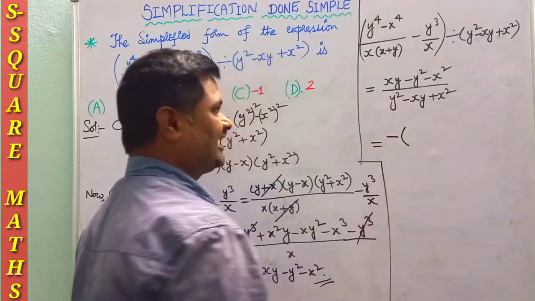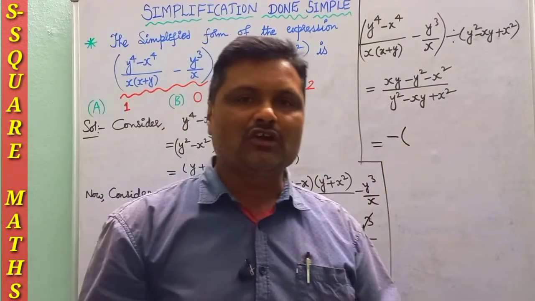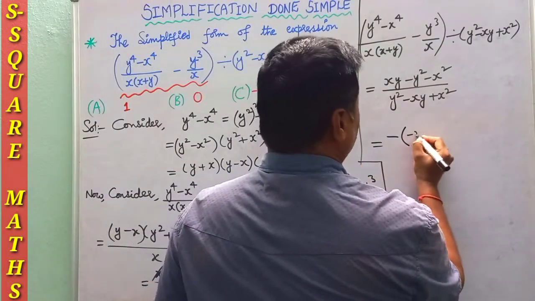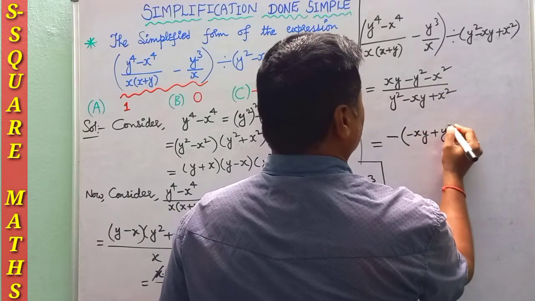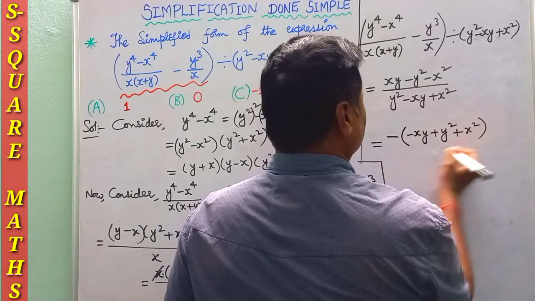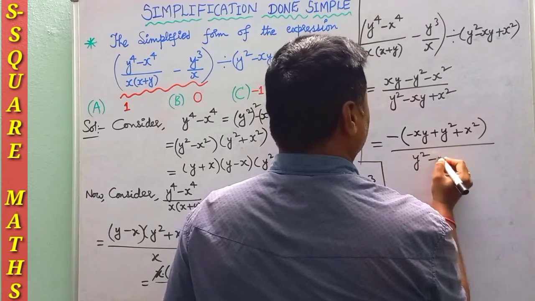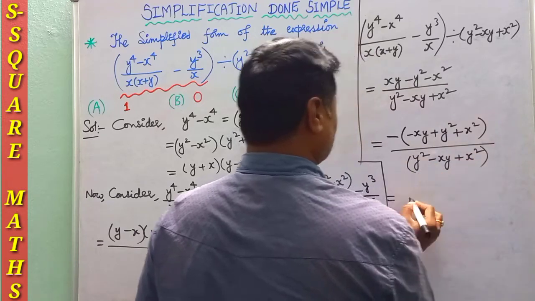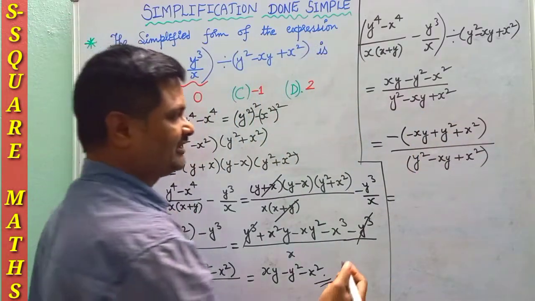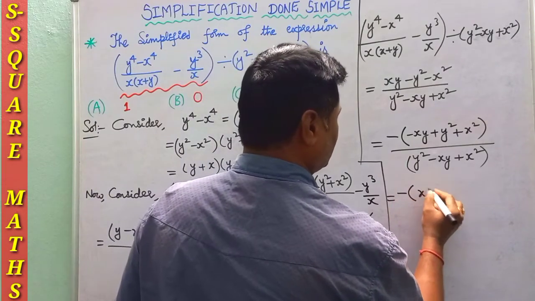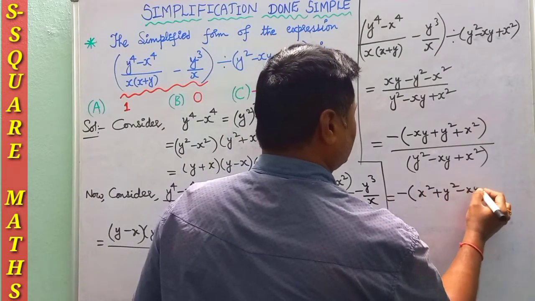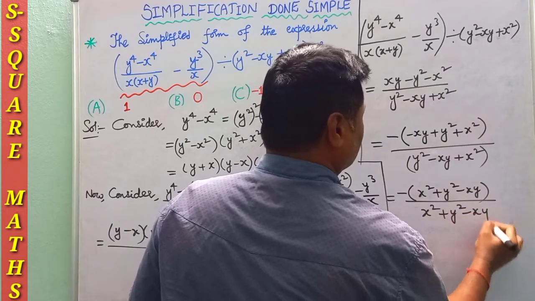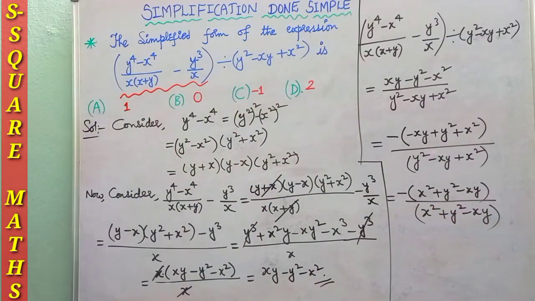According to the distributive rule, I can write minus of x square plus y square minus xy by y square minus xy plus x square.